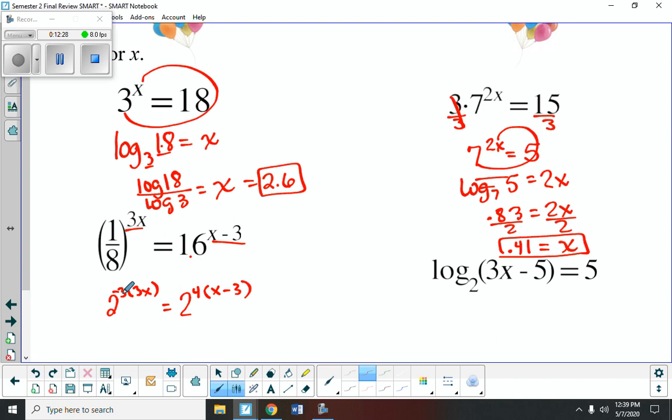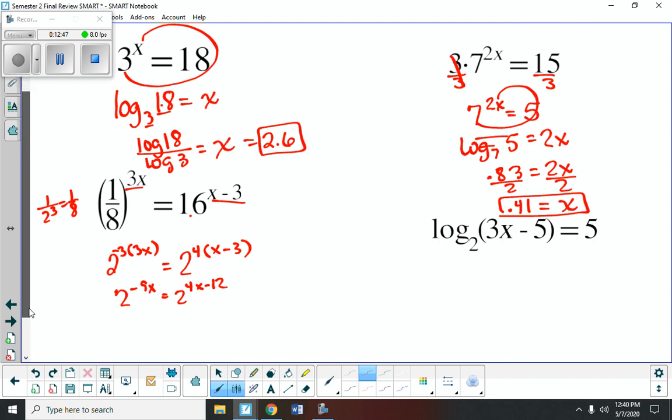So 2 to the negative 3rd would be the same as 1 over 2 to the positive 3rd, which is 1/8. So you end up with 2 to the negative 9x equals 2 to the 4x minus 12. We have now the same bases. So what we're going to do is set the exponents equal and solve.